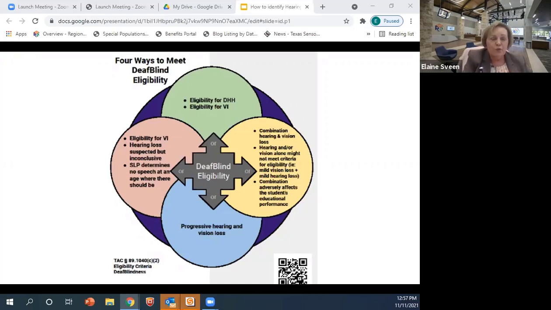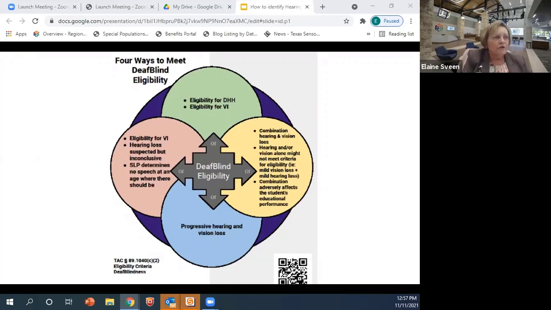Obviously, the first one in the green, eligibility for deaf and hard of hearing, or eligibility for VI. Those are kind of standalones in that case, but if the child is eligible for both, they are eligible to be labeled as deafblind.